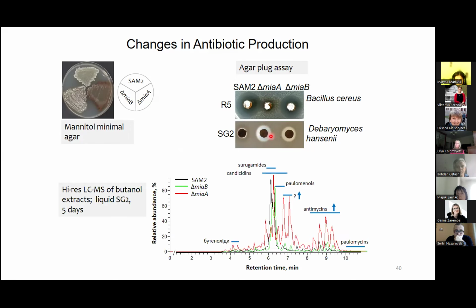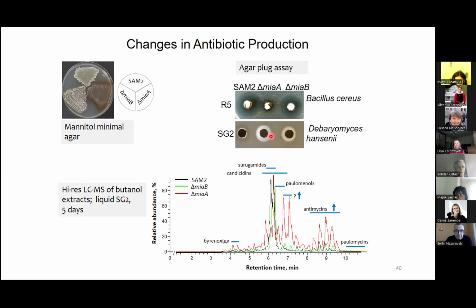So I would say this is the main problem of studying these mutations. You don't see well-pronounced effects in one direction. We would expect that a single mutation would lead to either activation of all antibiotics or canceling out their production, but it's not the case.